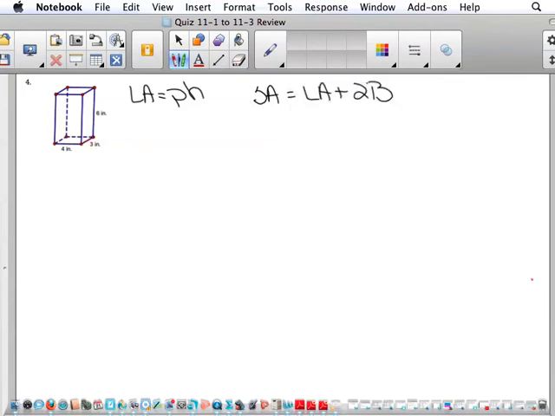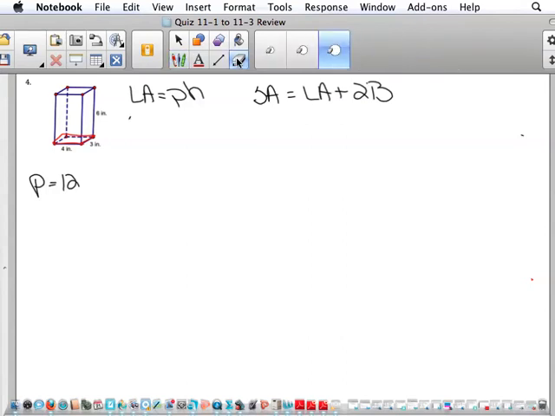The perimeter of the base is here. So that's 3 plus 4 plus 3 plus 4. So the perimeter of this shape is 14.